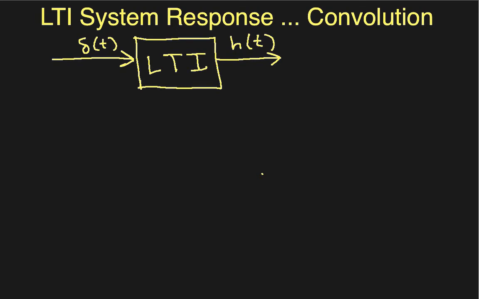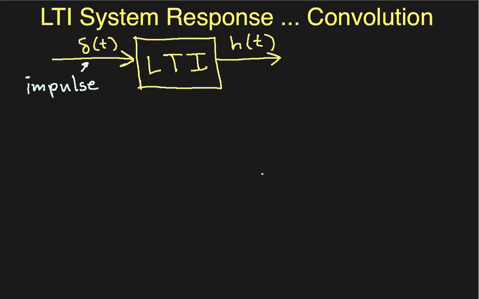The delta function going in is an impulse because, in some sense, inputting a delta function to a system is like smacking it with a hammer if it's a physical system, or if you've got an electrical system, it's like applying a bolt of lightning.